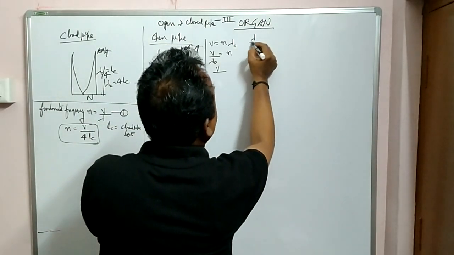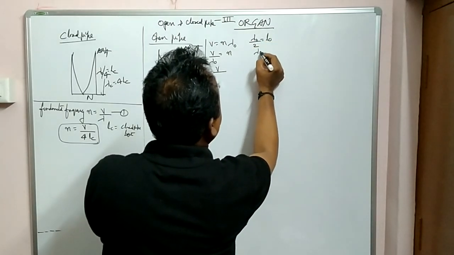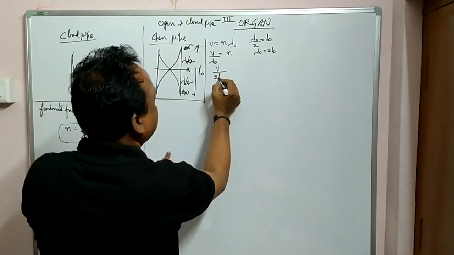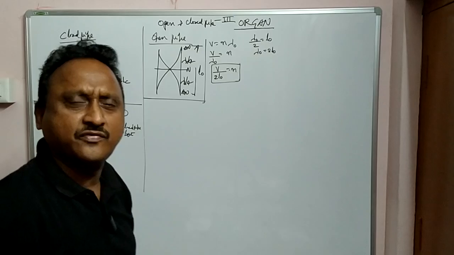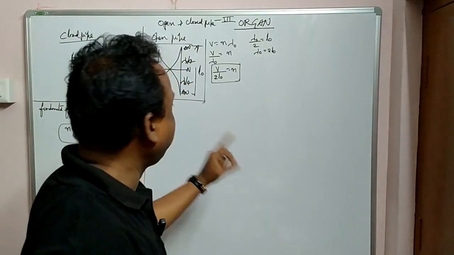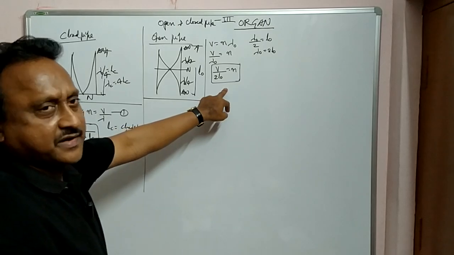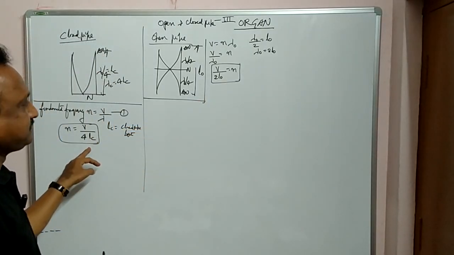So lambda by 2 for the open pipe is equal to the length. Therefore, lambda 0 is equal to 2L0. Substitute 2L0 here, that is the formula. So this is the fundamental frequency of the open pipe, V by 2L0. Parallelly I am deriving the equations so that we can save our time. Compare with the closed pipe, V by 4Lc.